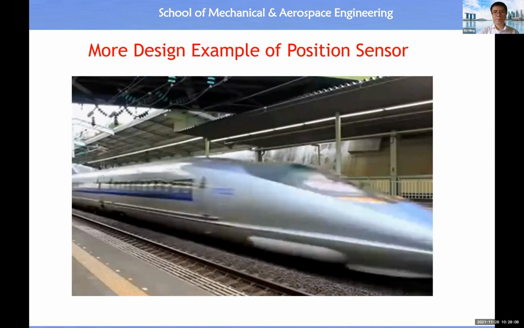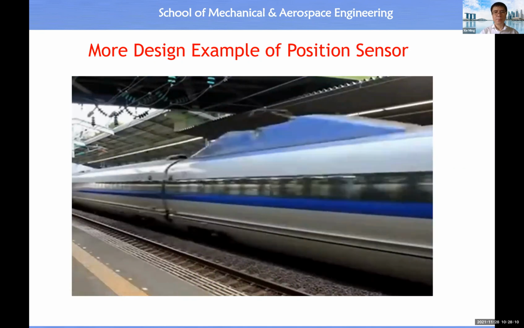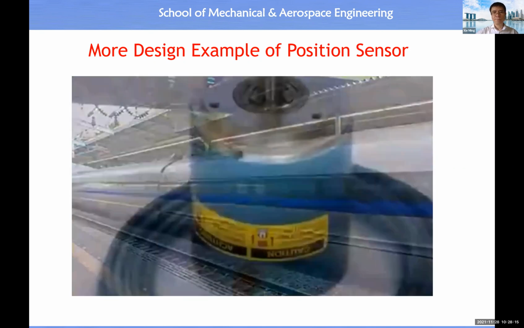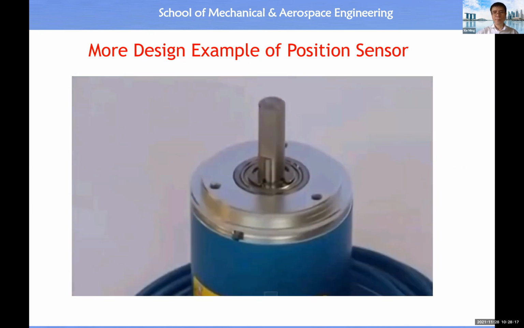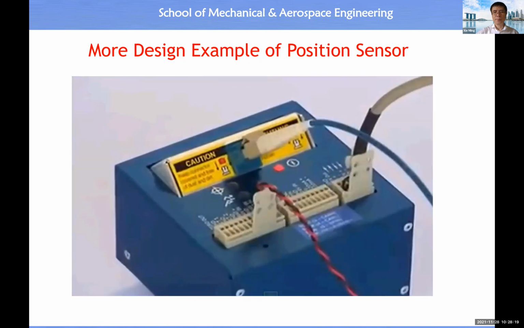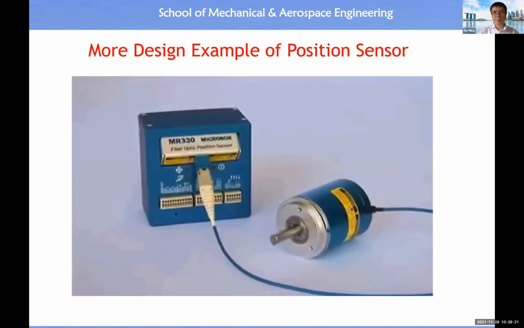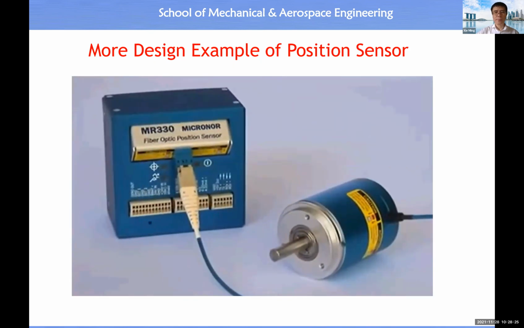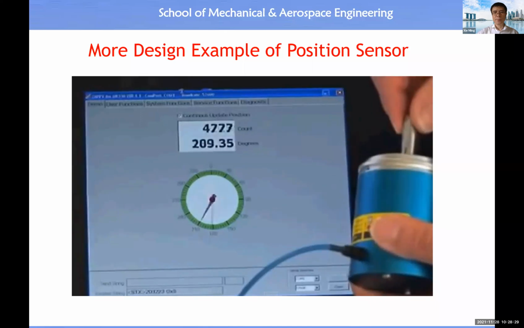Announces the arrival of the world's first fiber optic position sensor. And all optical design makes it 100% immune to any electromagnetic interference. Micronor's novel fiber optic position sensor consists of a sensor and a controller. The system is connected by a duplex fiber optic cable.